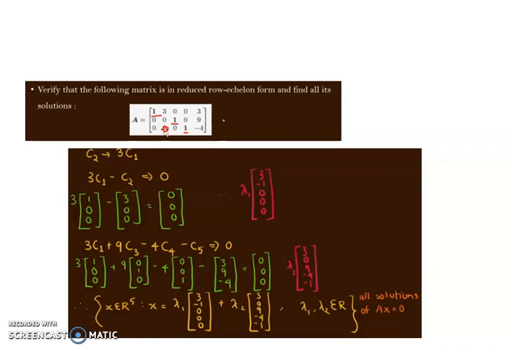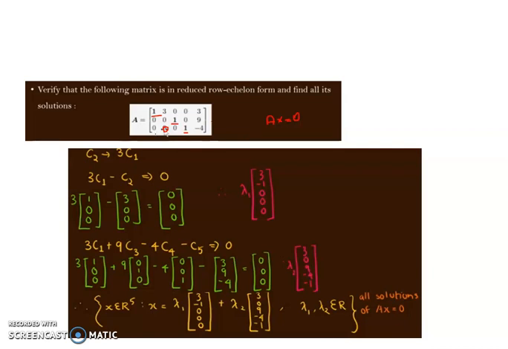Here the B value is not given, just the A matrix is given. Since B is not given, you will not be able to find the particular solution. So in this you can find the solution for Ax equal to 0, that is all solutions that are possible for the equation Ax equal to 0.